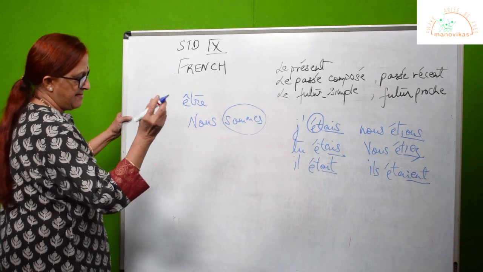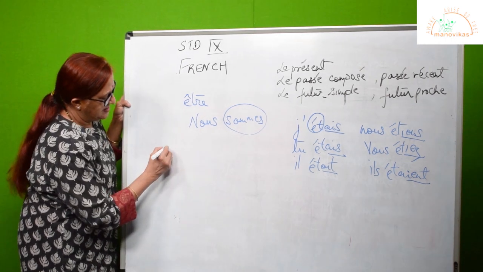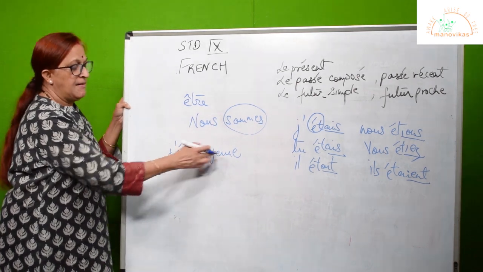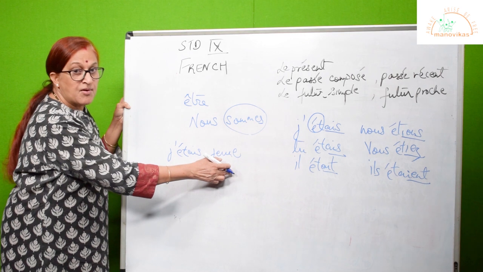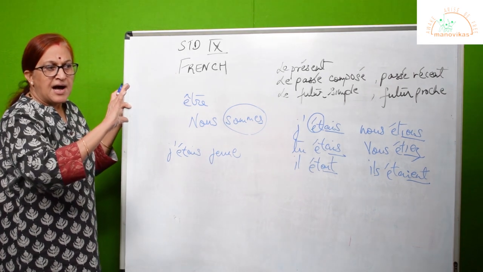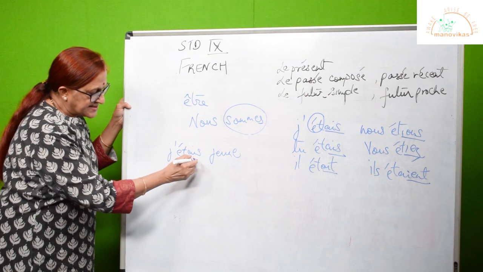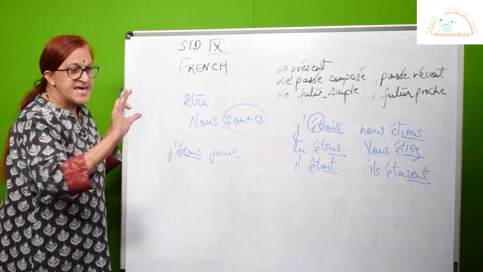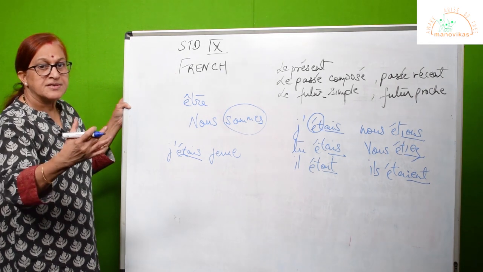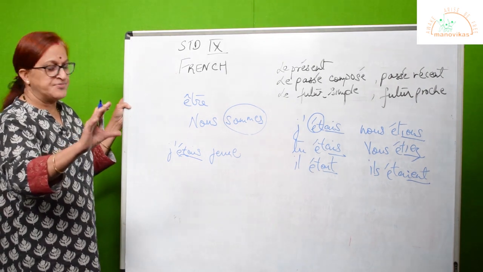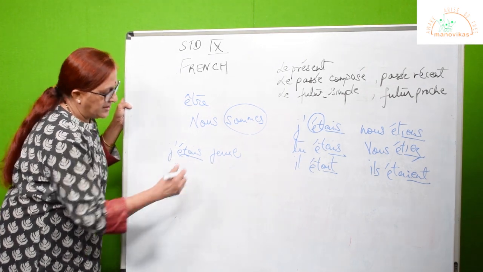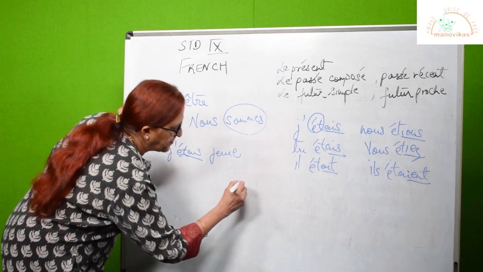Suppose I say, now let me give an example. What do I mean? J'étais jeune. Jeune means young. I was young. When I am using était, that is the imperfect, because being young, it was for quite some time. The action was not over. It was continuing for some time. Now, I'll give you another example.